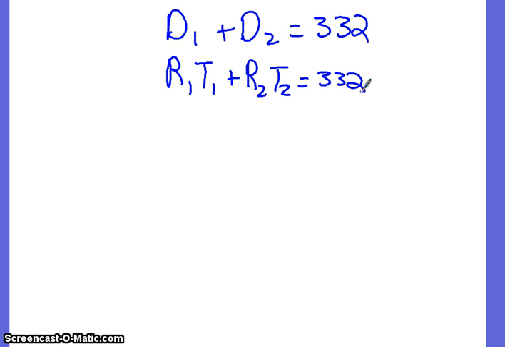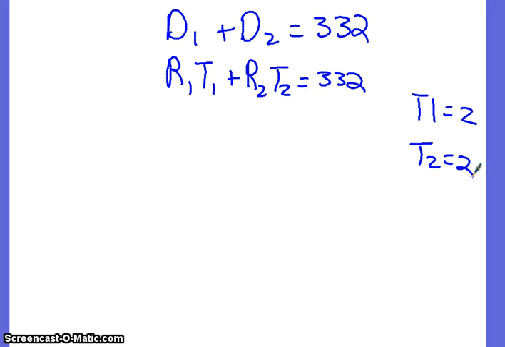What is their time? They both left at 11. They get to where they're supposed to be at 1 o'clock. What's their time? They're both 2. So T1 equals 2 and T2 equals 2. 2 hours.